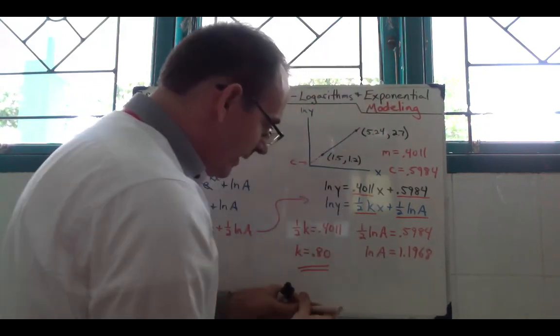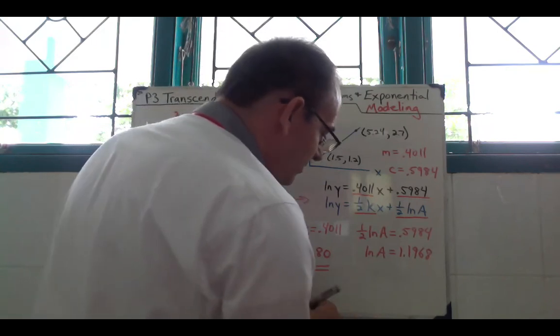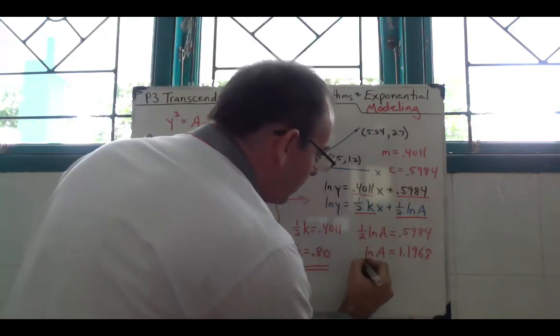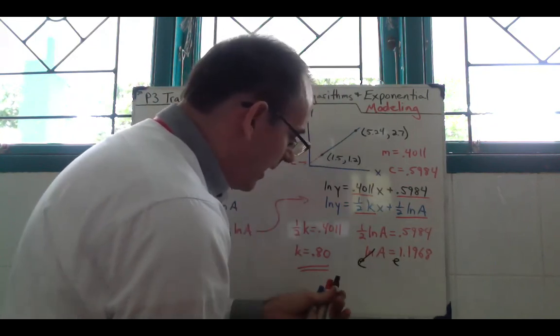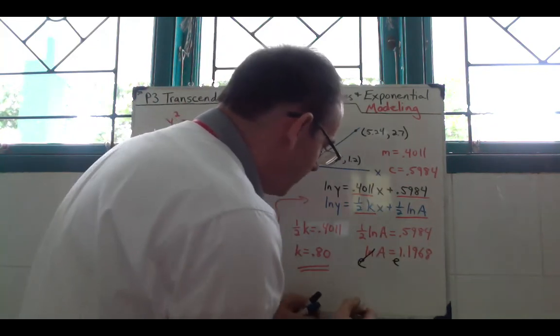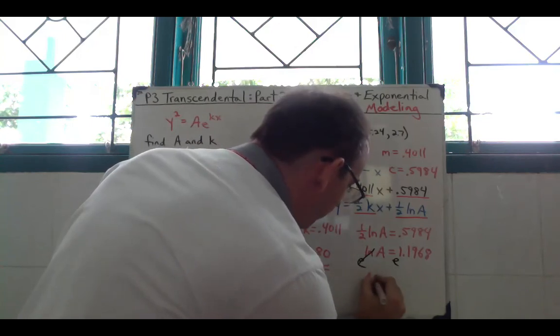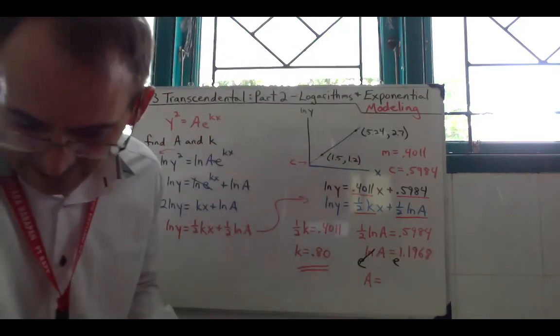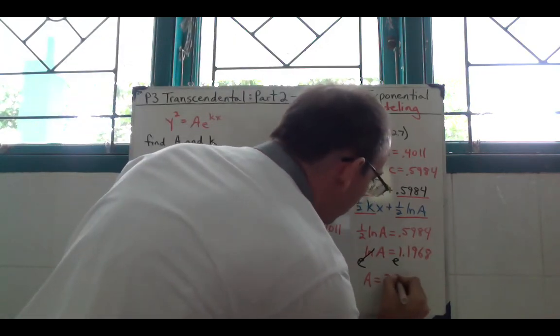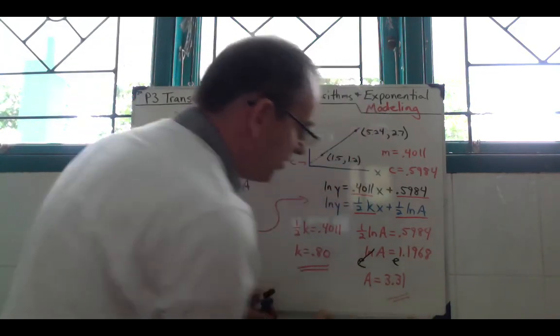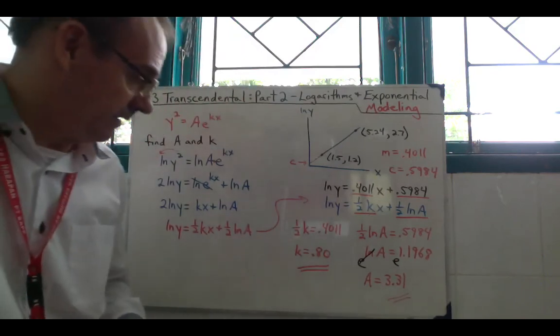And then we e both sides, or exponentiate both sides. And so when you do that on your calculator, your a ends up being 3.31. So again, 2 decimal places with that.